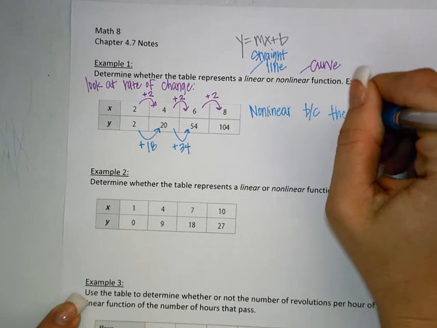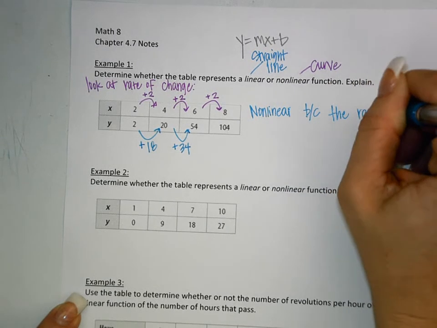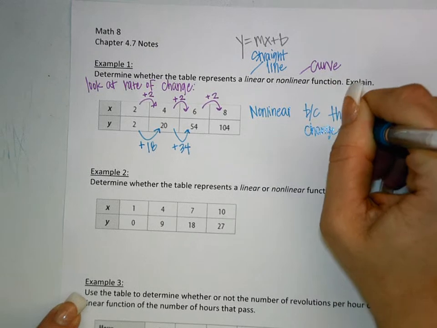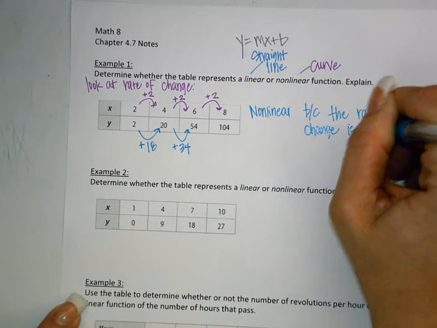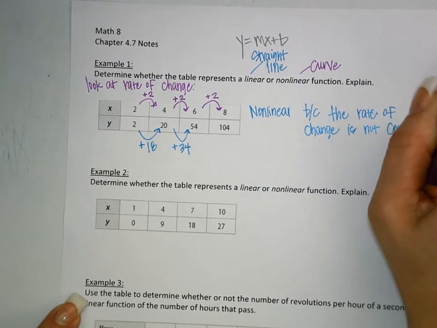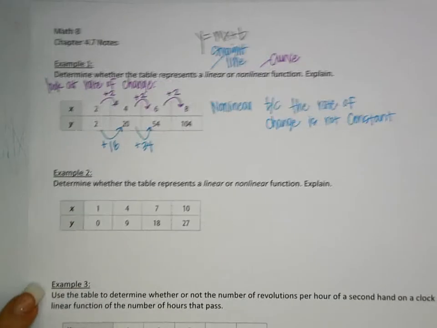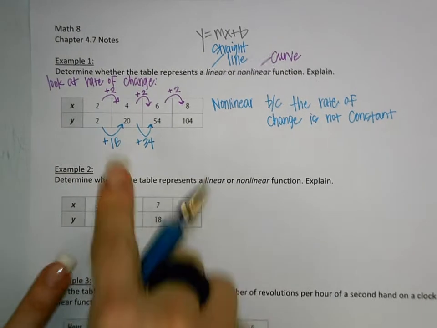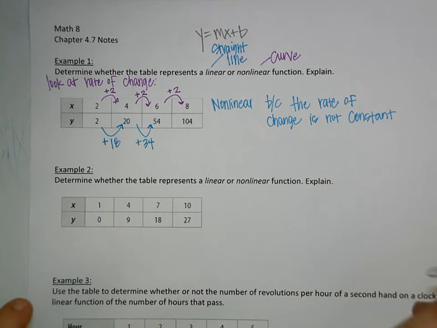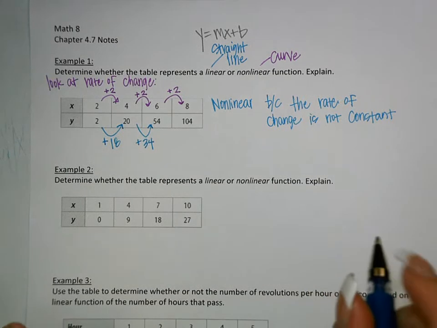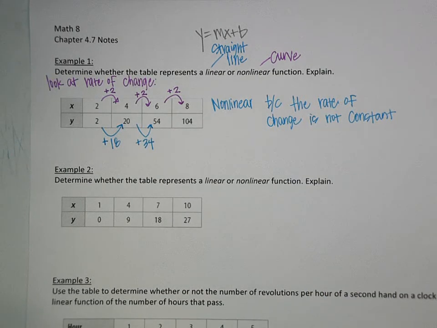Because the rate of change is not constant. Technically, if we drew these on a graph, the line would not be straight. It would be a curve because it doesn't have a consistent slope or rate of change.